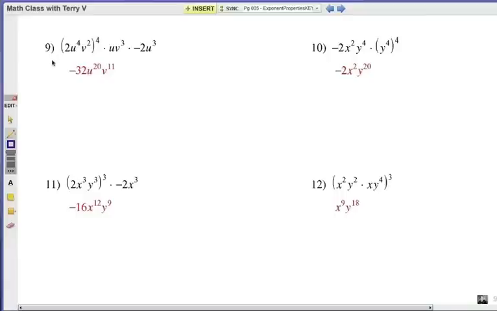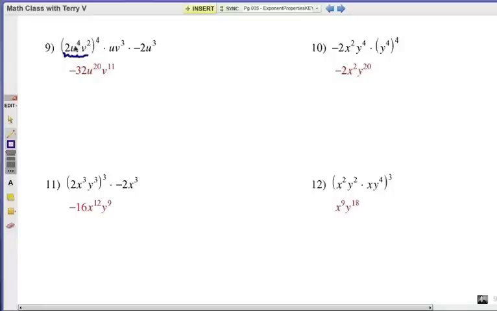And let me work it out here quickly for you, and hopefully you'll understand how we get these answers in the red. Alright, number 9. First of all, I notice in these parentheses here that I have this expression to the 4th power. So that's power of powers, and I'm going to raise the 2 to the 4th power, the u to the 4th power to the 4th power, and the v squared to the 4th power.